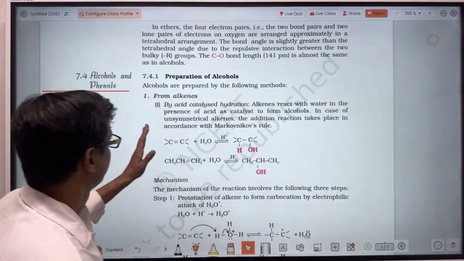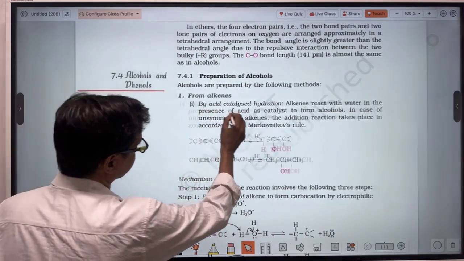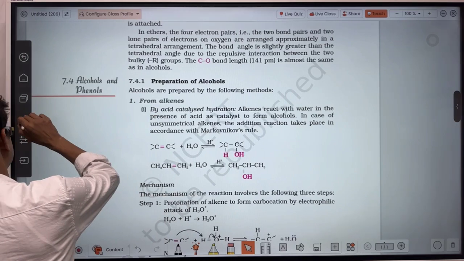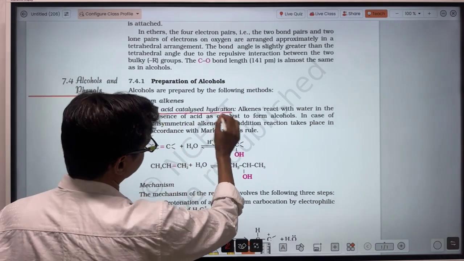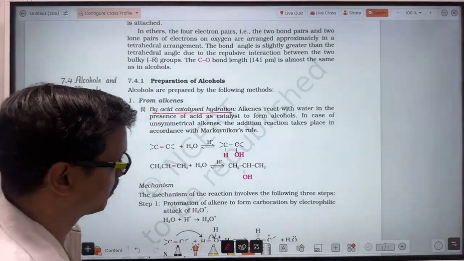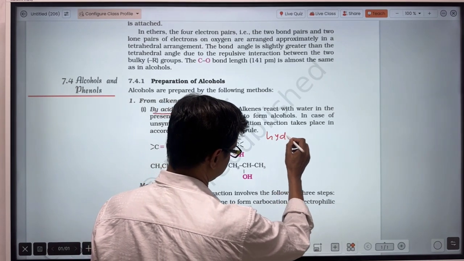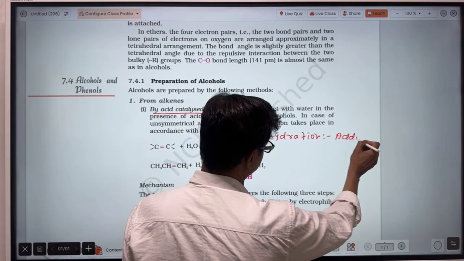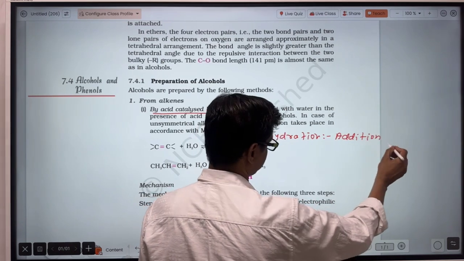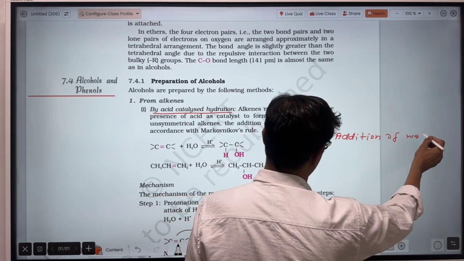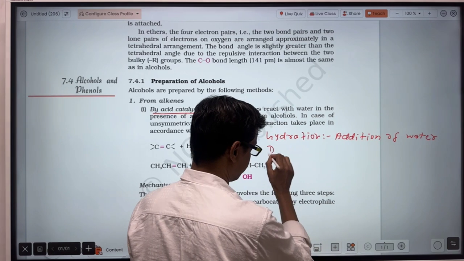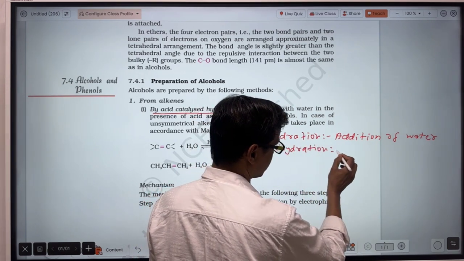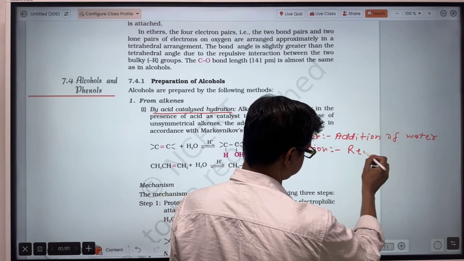So let's see, the first one is acid catalyzed hydration. Acid catalyzed hydration means addition of water. Hydration means addition of water, and dehydration means removal of water.